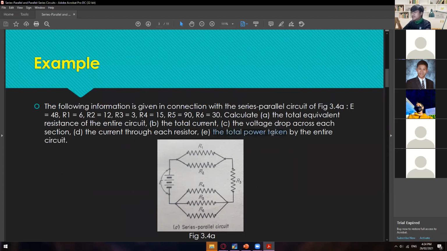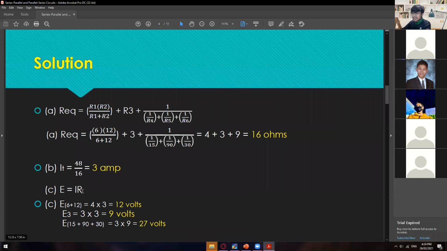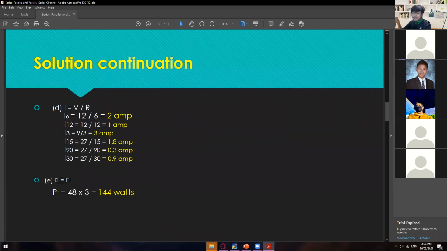Anyway, for the last one, the total power taken by the entire circuit, just use this formula. P is equal to E times I. E here is your total voltage, and I here is your total current. So E is 48 times 3, which is your current.